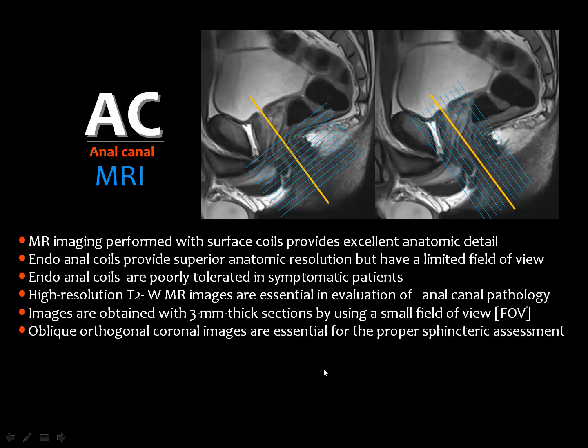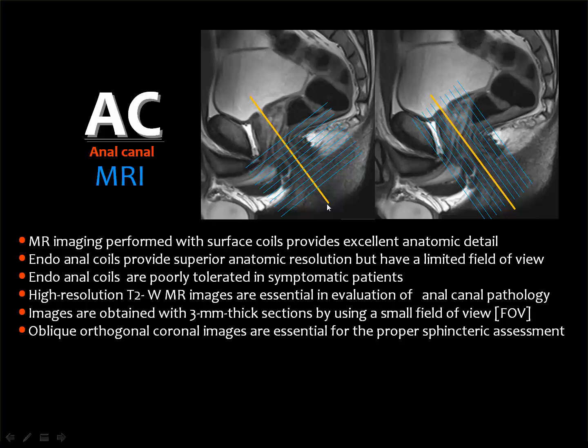The best pulse sequence for evaluation of this particular area is the high resolution T2 weighted images, obtained in three planes: axial, sagittal, and coronal. Whenever you obtain the sagittal image, you align your axial and coronal images along the axis of the anal canal.